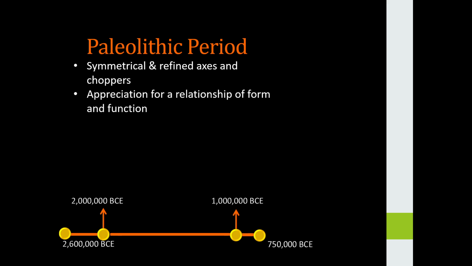Meaning that if you have an arrowhead that is very well done symmetrically and that edge is beautifully sharp, then that arrowhead is a much better arrowhead because of the way that it was made, right? So the relationship between form and function, how well something is created and how well it actually works.